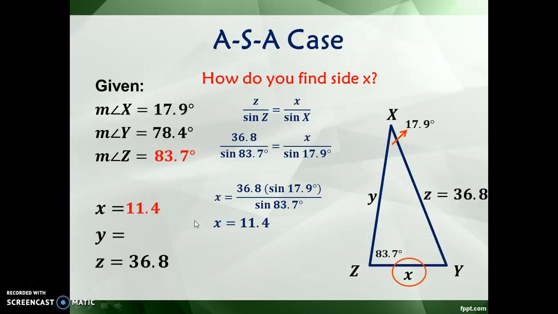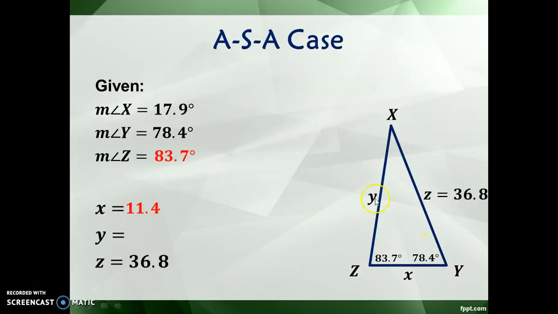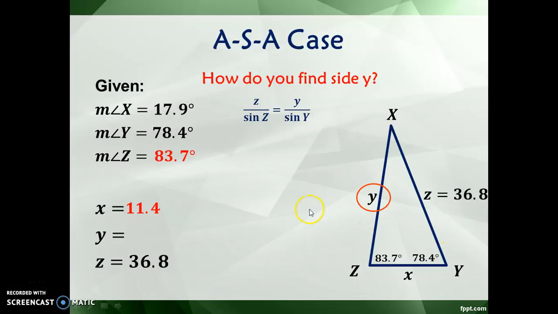Okay, last. How do we get the value of y? It's very simple. Again, we use this as our reference ratio: z over sine Z equals y over sine Y. There you have it. It follows that the value of z is 36.8 and angle Z is 83.7 degrees.